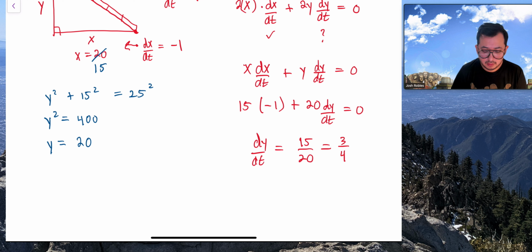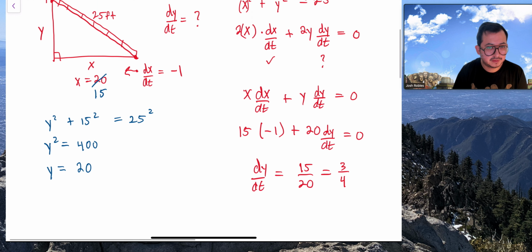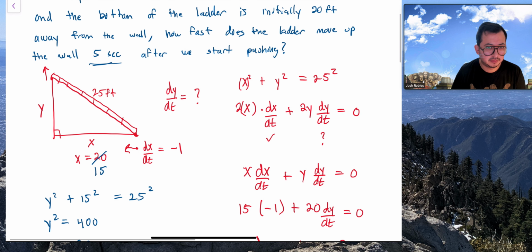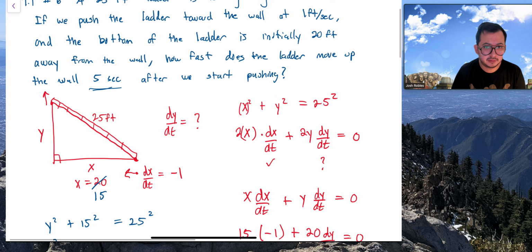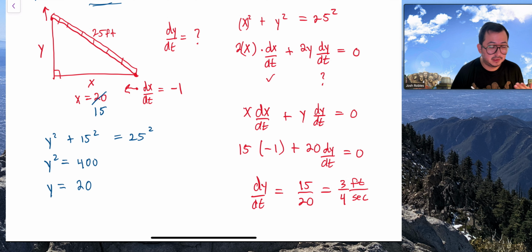And so it's going to have the same units as whatever dx/dt would have been, which was feet per second.